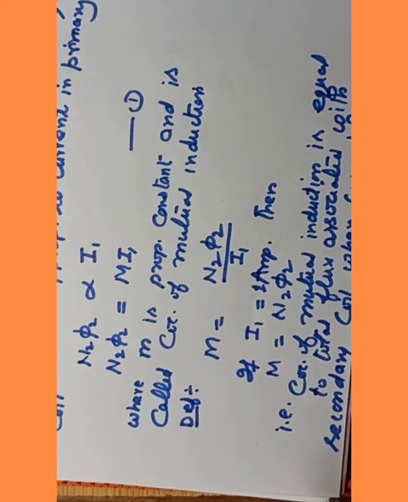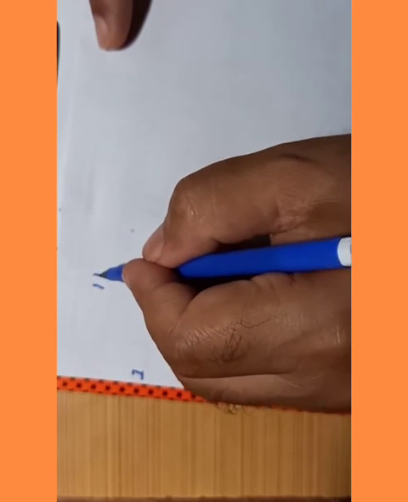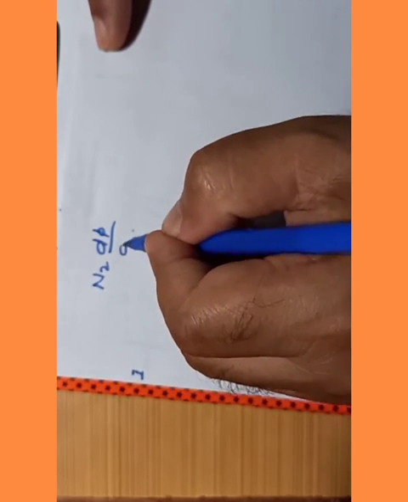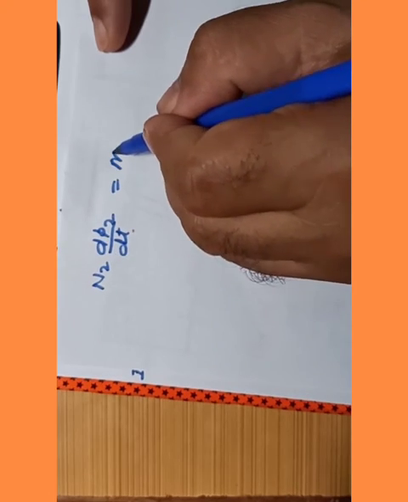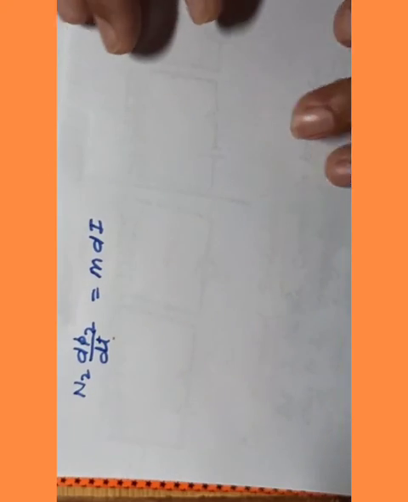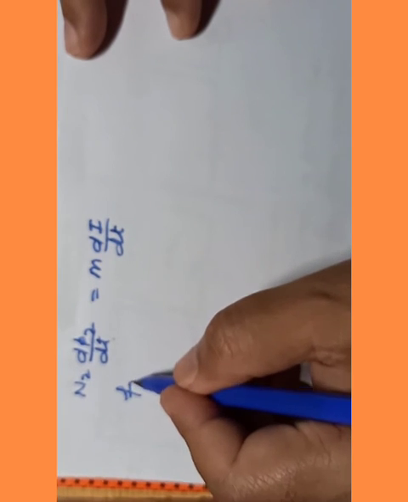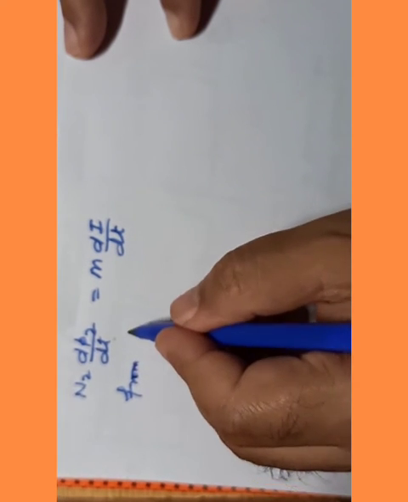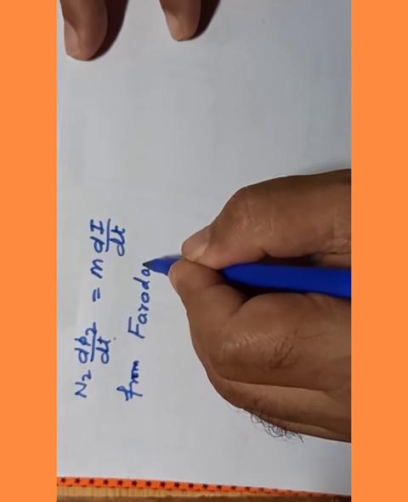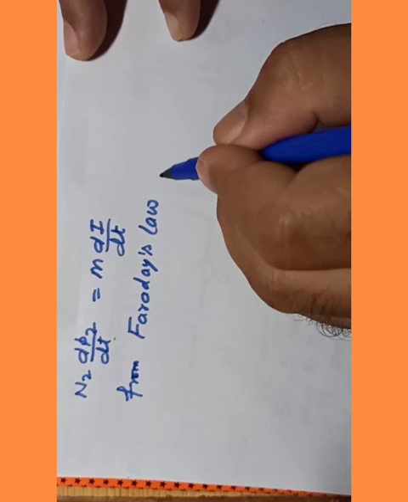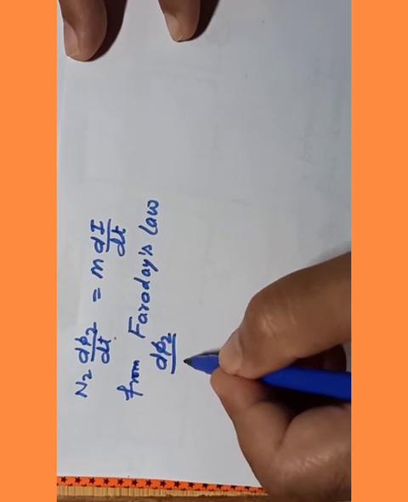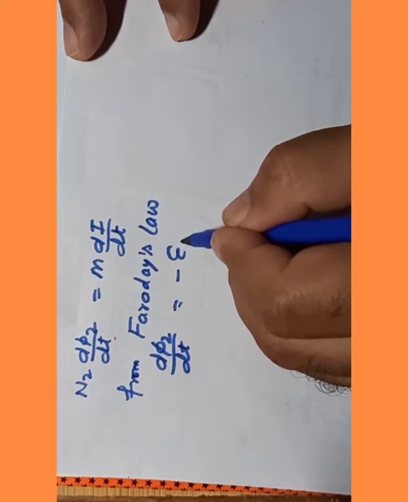We can also have one more formula by differentiating equation 1. If we differentiate equation 1 with respect to time, then it becomes N2 d phi 2 upon dt equals M dI1 upon dt. From Faraday's law, N2 d phi 2 upon dt equals minus E induced.